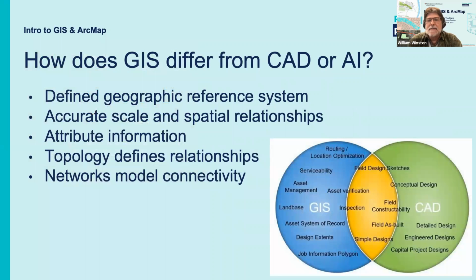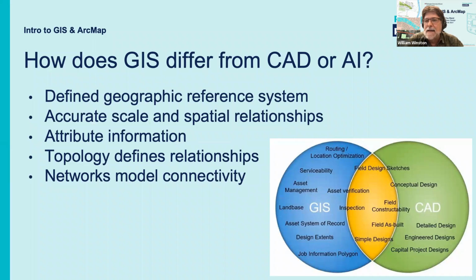Now, one of the things that typically comes up when we're talking with architecture students is the difference between a GIS and computer-aided design or Adobe Illustrator applications. The main difference is that with GIS, you have a defined geographic reference system.